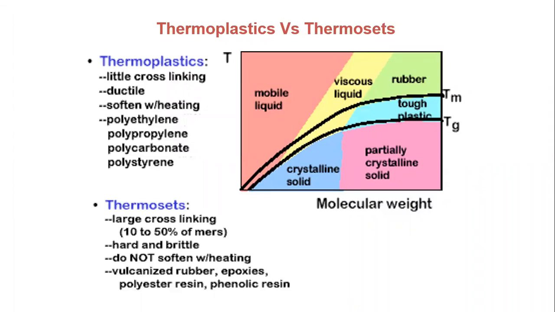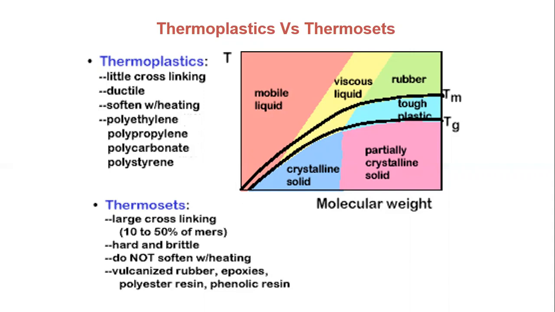And coming to the thermosets, these thermosetting polymers have a very large cross-linking structure. There are several cross-links in the structure, and 10 to 50% of the polymers have very large cross-linking structure.